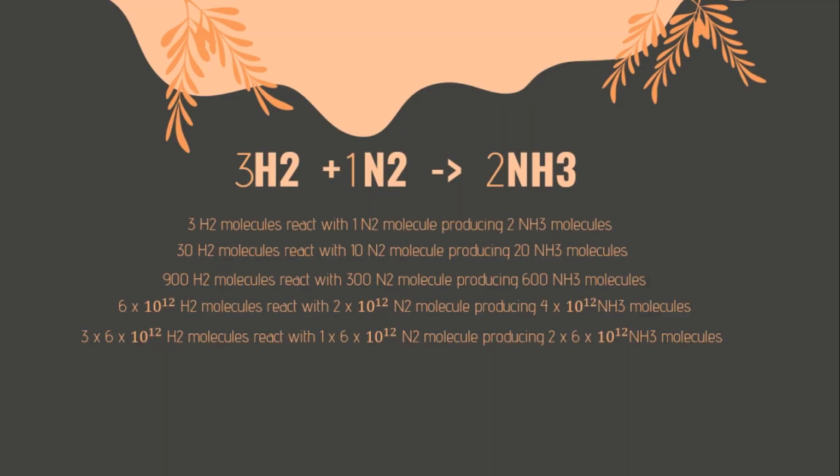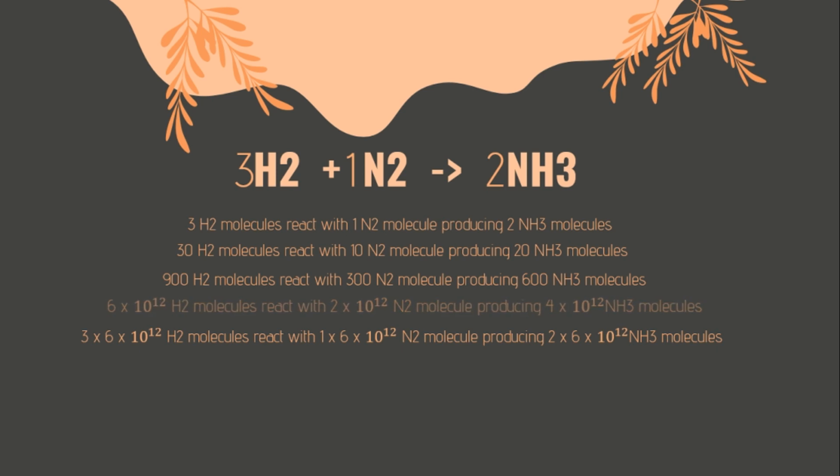Let's back up just a moment. So what's really going on here? 3 hydrogens reacting with 1 nitrogen, giving us 2 ammonias. But that's really just a ratio. So no matter how many you have, it's always going to be with this reaction in a 3 to 1 to 2 ratio.